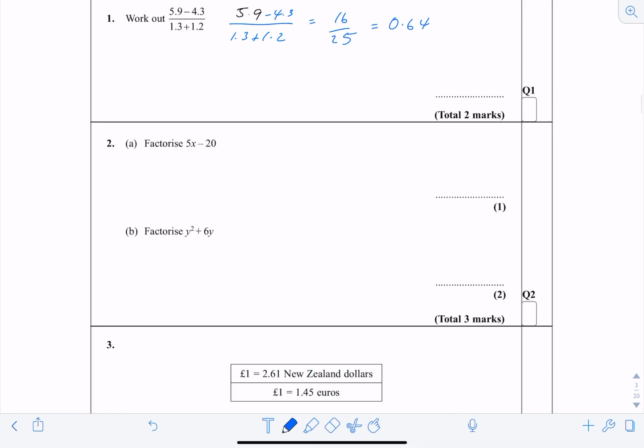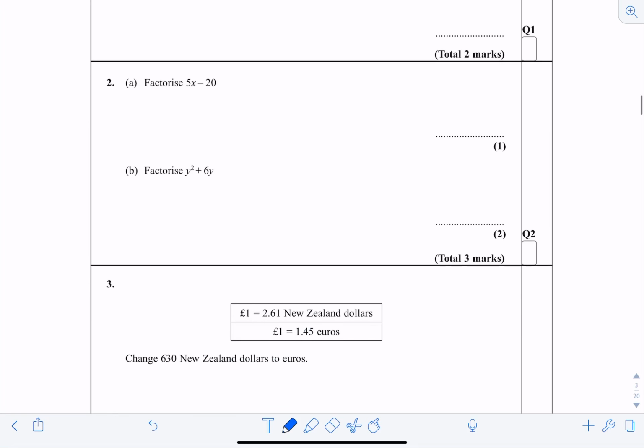Okay. Factorize, as I'm sure everybody remembers, is when you look for a factor in 5x and a factor in 20. So when we factorize something, we're pulling it into two things that multiply together to give the original thing.